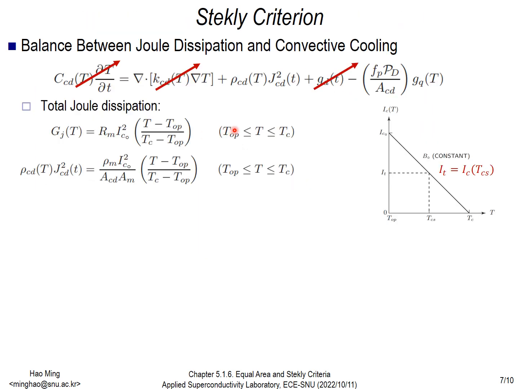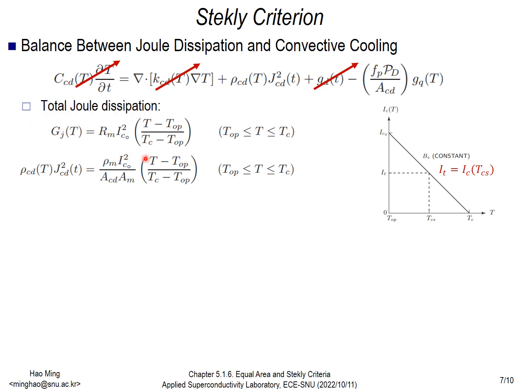Next, let us introduce what the Stekly criterion is. Let's look back at the power density equation introduced at the beginning, where the left side is known to be 0. Stekly assumes that thermal conduction and non-Joule heat generation are 0, leaving near equilibrium between Joule heat and convective cooling. Here, Stekly focuses on local heat dissipation to ensure that no localized phase transition occurs in the superconductor.